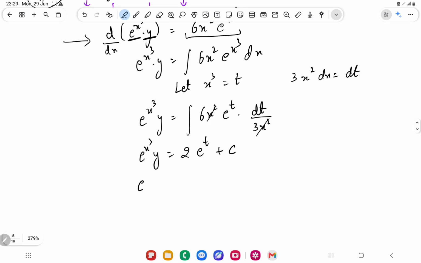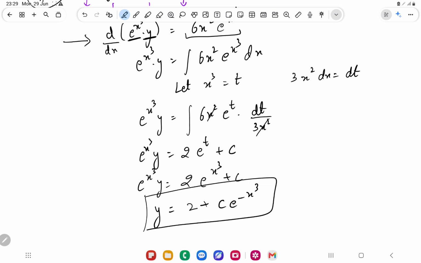So what I can write is e to the power x cube into y is equal to 2 e to the power x cube plus c. It means my y is nothing but 2 plus c into e to the power minus x cube. So this becomes my solution of the given differential equation.